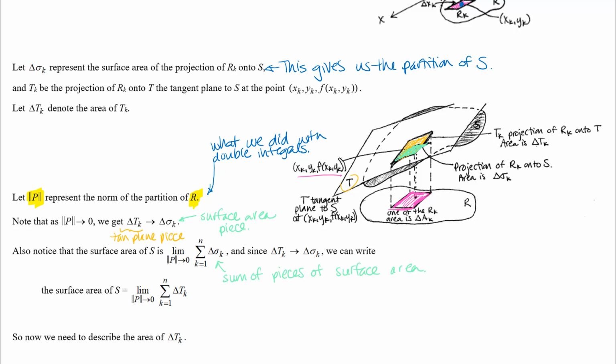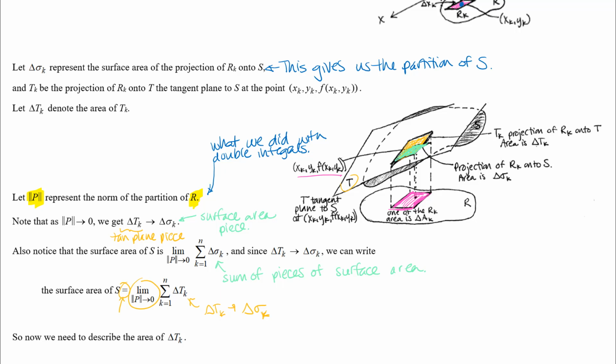And since the size of the tangent plane pieces approximates the size of the surface area pieces, we can write that the surface area of S is equal to the limit as the norm of the partition approaches 0 of the sum of all the tangent plane pieces. And it's not equal to without the limit, but as the norm of that partition approaches 0, remember that those delta T sub k's approach the delta sigma sub k's, and so if that limit exists, then the limit is the same as we get these infinitely small little pieces of tile.